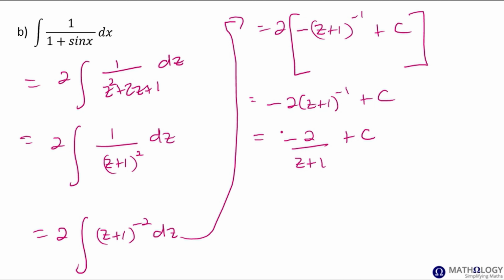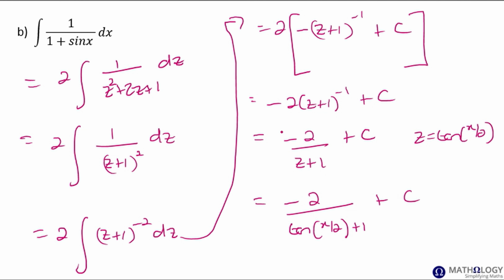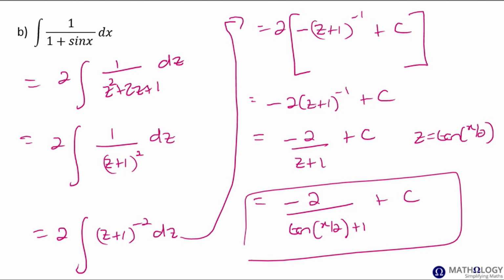This is not the final answer because our z that we chose was tan(x/2), and the problem was in terms of x, so we can't leave it in terms of z. It's -2 over (tan(x/2) + 1) + c. That is the final answer.